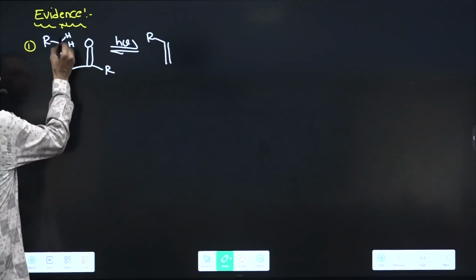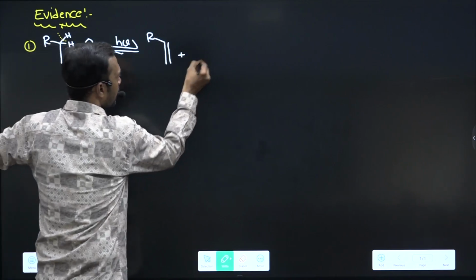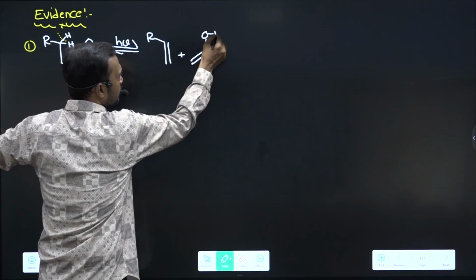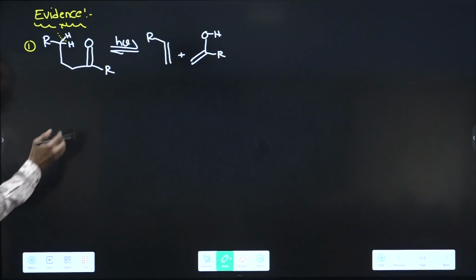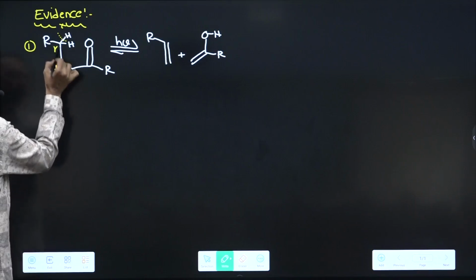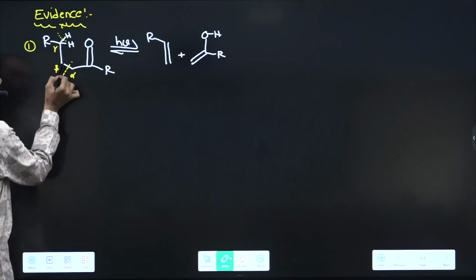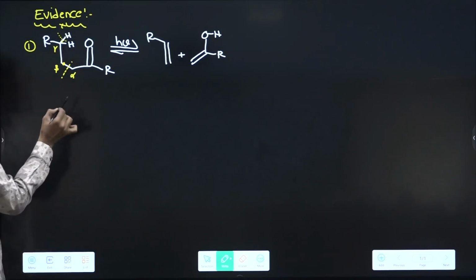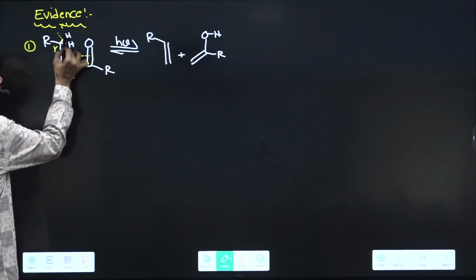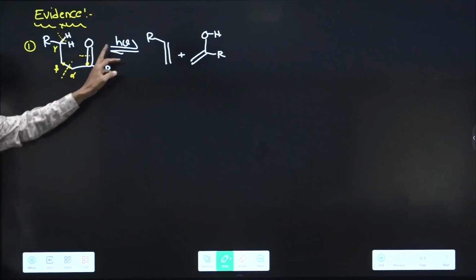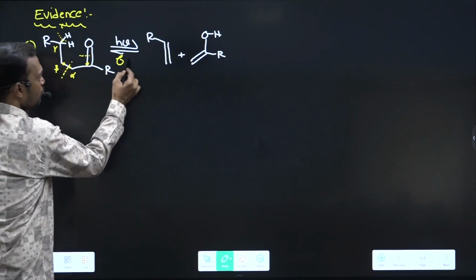I am breaking this bond, and this hydrogen will be added on oxygen, and I am putting a double bond here, OH, and this is R. Every time, try to break the bond between alpha and beta, and if you break the bond here, this radical forms a double bond. Then this radical breaks, forming one more double bond, and this hydrogen transfers to oxygen. So now I am breaking a hydrogen bond, and the reaction is very fast.